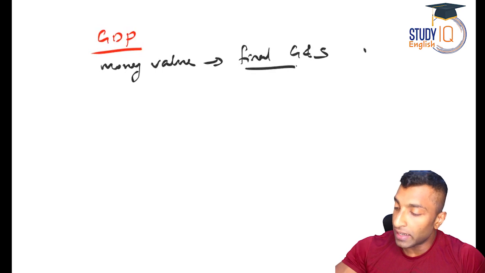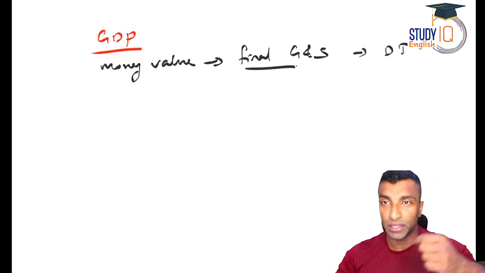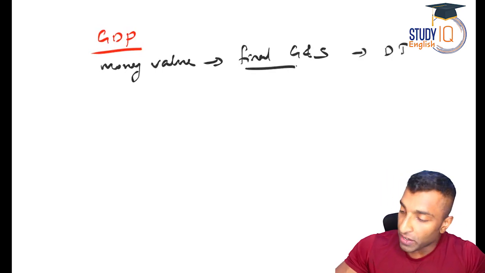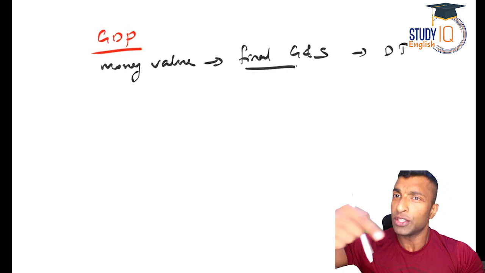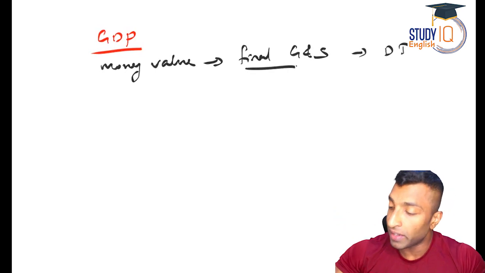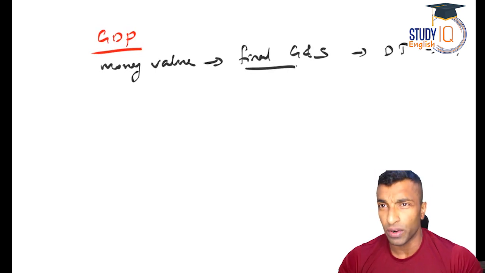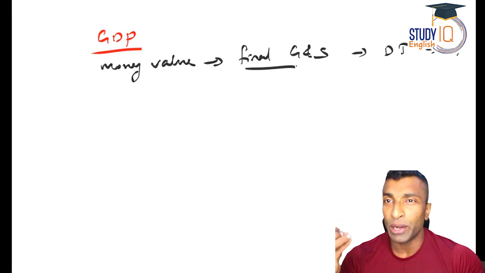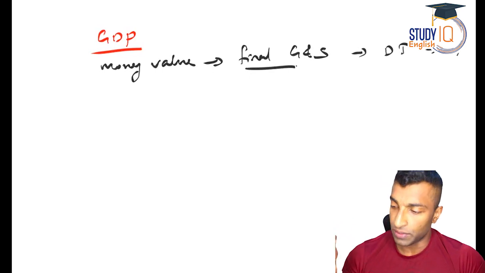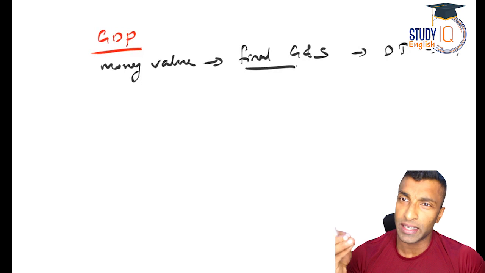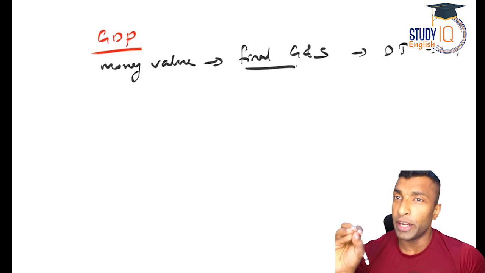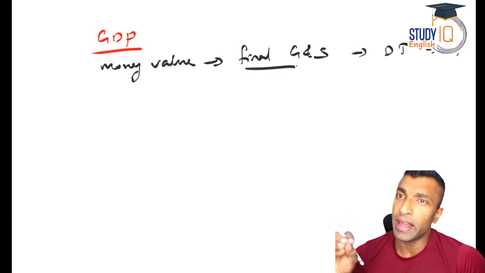Domestic territory is again very important, produced in the domestic territory of a country in a financial year. These are the key four words that I have mentioned in the definition. So it is the money value of all final goods and services produced in the domestic territory of a country during a financial year or an accounting year.